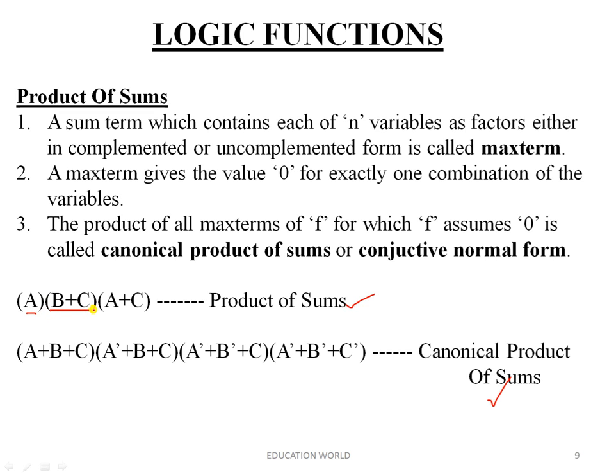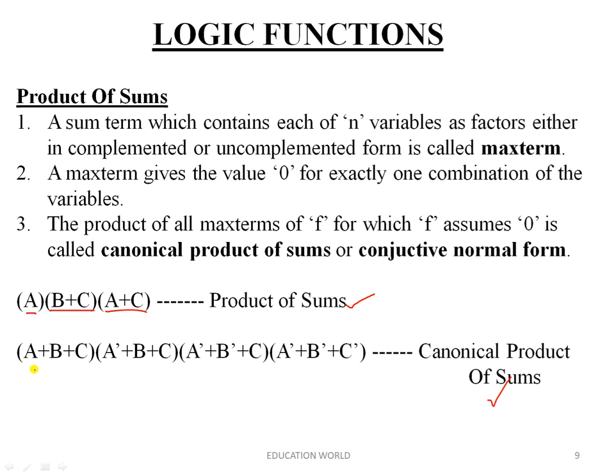In b plus c, it is non-mandatory to contain a. In a plus c, it is non-mandatory to contain the b variable or its complement, and in b plus c, a or the complement of a. In a, b complement and c complement, or we say the true form of b and c.